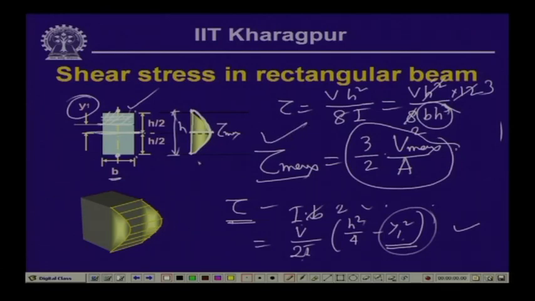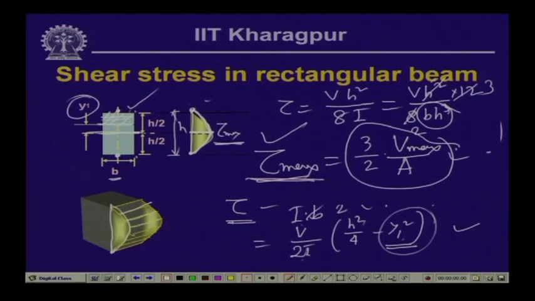As you can see, across the depth the shear stress varies for a rectangular beam in a parabolic manner, at the neutral axis we get the maximum shear stress, and at the extreme ends the shearing stress is 0. The magnitude of the maximum shear stress is equal to 3 by 2 V max by A. Now, as we had assumed in the beginning, the shear stress, though varying across the depth, is constant along the width.